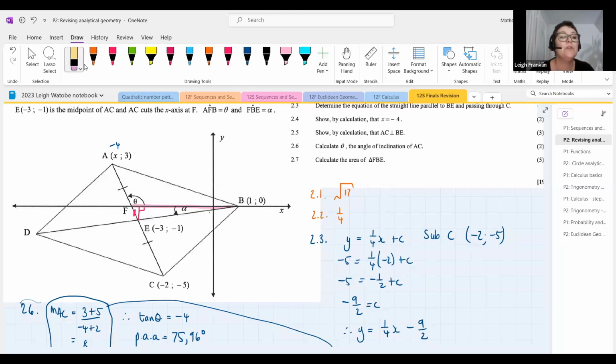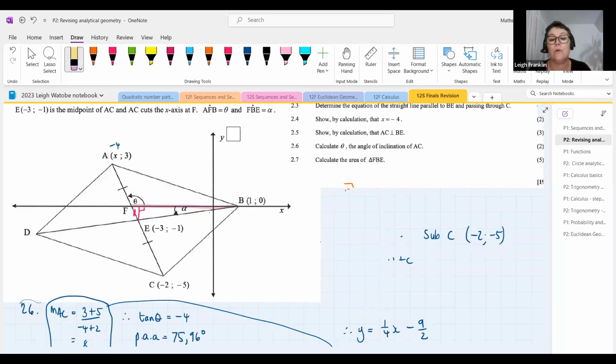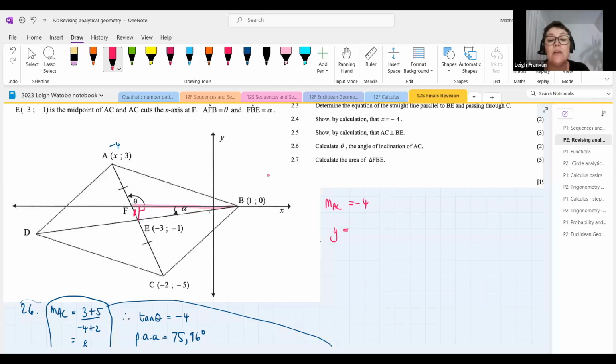What I'm going to do here, just to clear a bit of space, in order to calculate the length of FB, I need to know the coordinates at F. So line AC has got a gradient of -4, doesn't it? So the equation of line AC, it'll be the line y equals -4x plus c, and then I need to sub in a point to work out the value of my y-intercept.